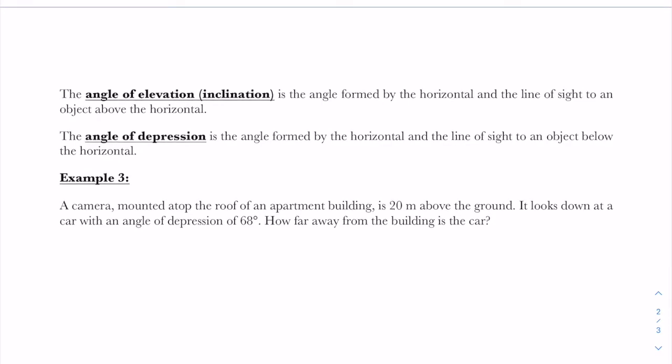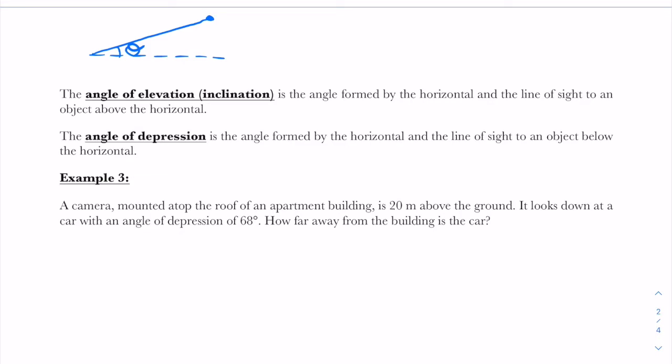So this would be an example of the angle of elevation. Here's a horizontal line. And let's say you're looking at an object up to the right over there. Then the angle between the line of sight and the horizontal. So that would be your line of sight. And the angle between the two would be the angle of elevation, which I'll label as theta.